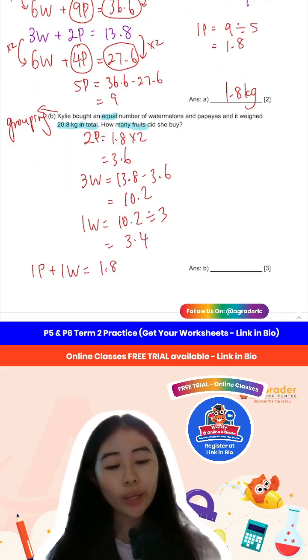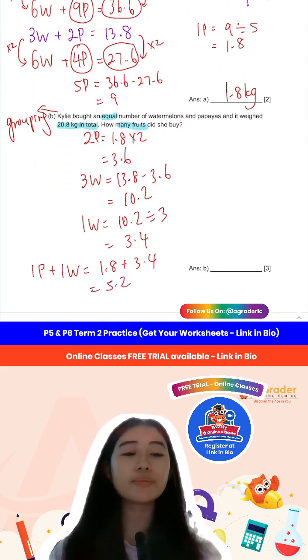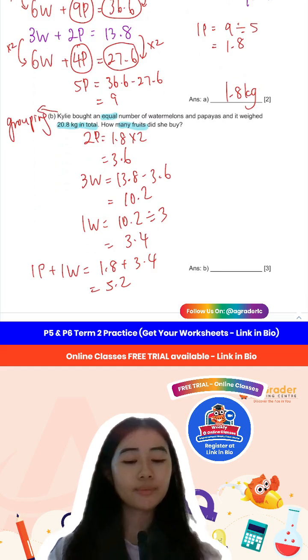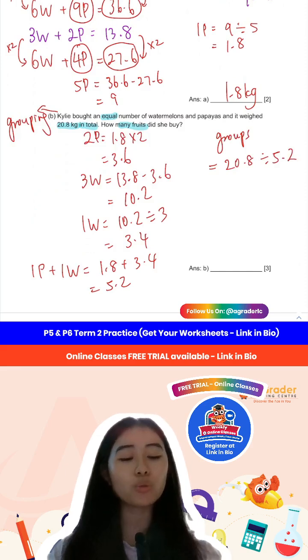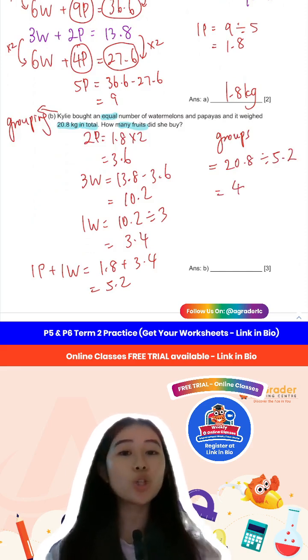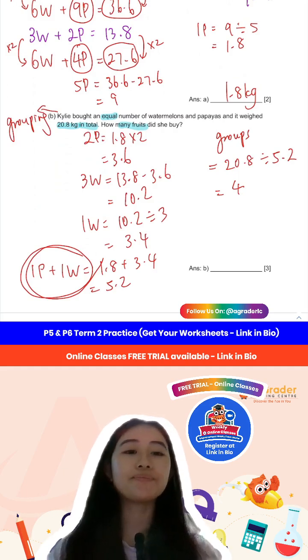That will be 1.8 plus 3.4, which is 5.2. Then after that, you're going to find out how many groups Kylie bought. You just need to use 20.8 divide by 5.2. You get exactly 4. So she bought 4 groups of this one. 4 groups of one papaya and one watermelon.